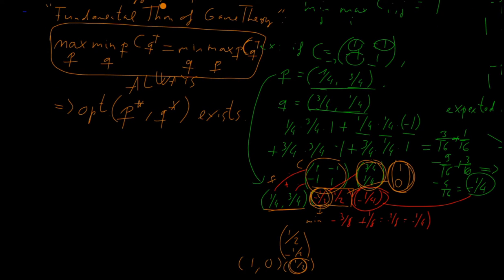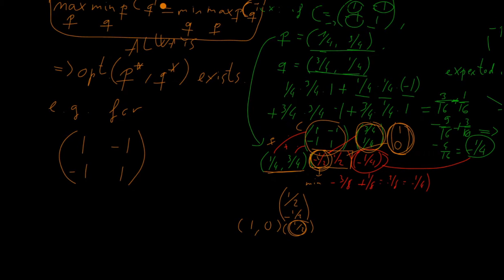Now, for example, for this matrix 1, minus 1, minus 1, 1. If player A just chooses 1/2, 1/2, then what happens? We will get a 0 here and we will get a 0 there. So it doesn't really matter what player B does, the value of the game will be 0, definitely.